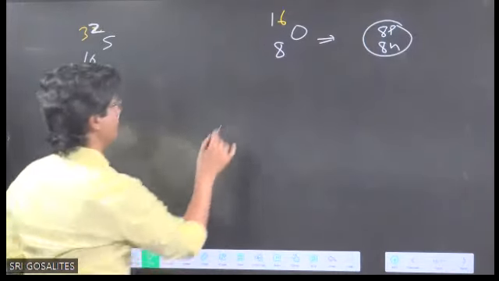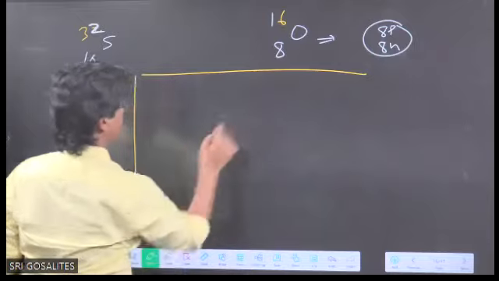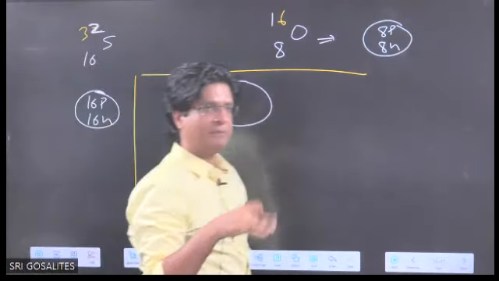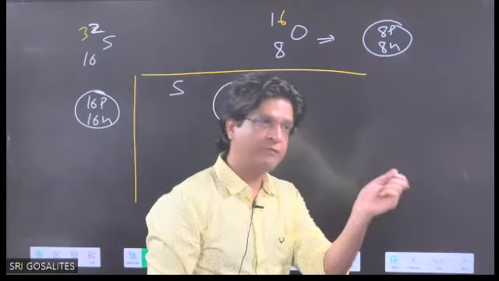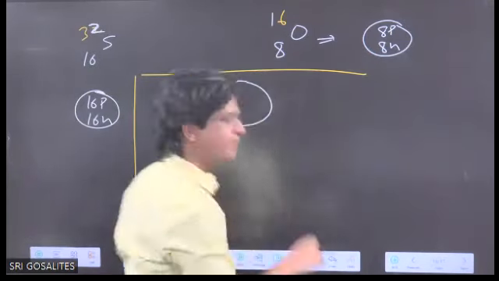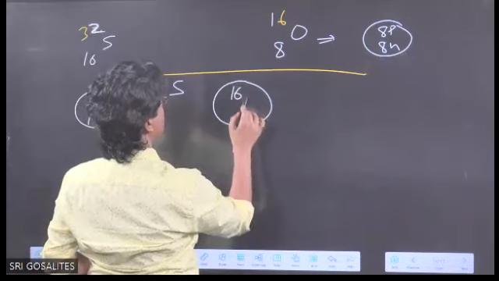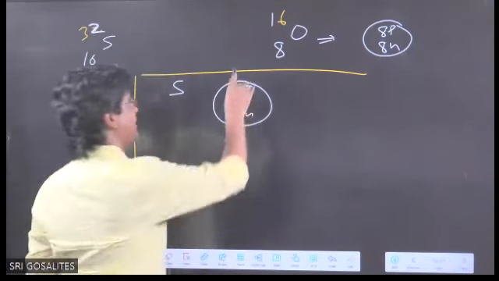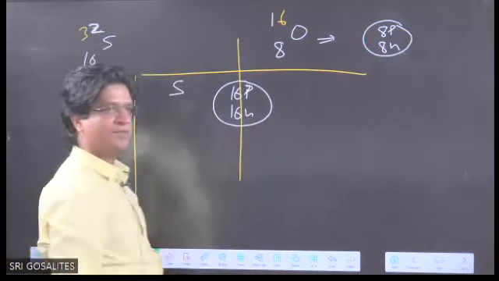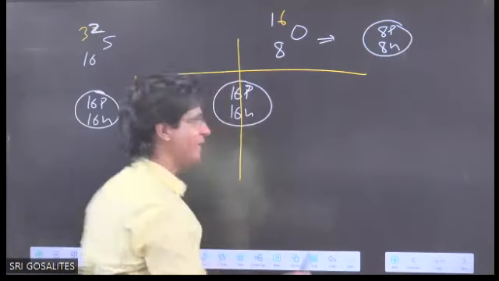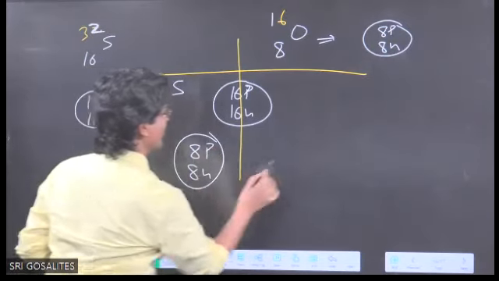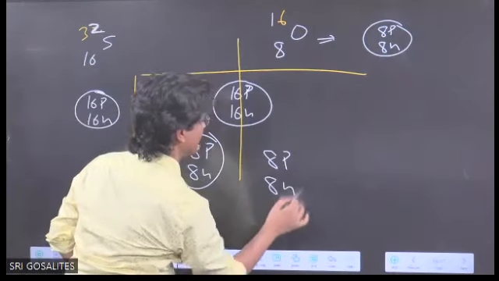Now listen to me, everyone. Suppose I take a sulfur atom, and I'll be focusing only on the nucleus. So this will be 16 protons and 16 neutrons, agree or not? And if I cut it into two halves, I'll get 8 protons, 8 neutrons, and 8 protons, 8 neutrons.